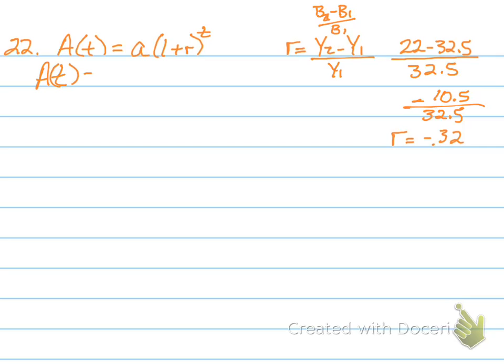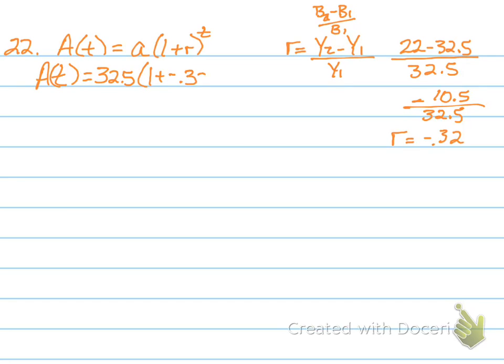Okay, so let's come up here. A of t is equal to a, and my initial bounce is 32.5. And we've got 1 plus negative 0.32. I'll make that a little bit neater.